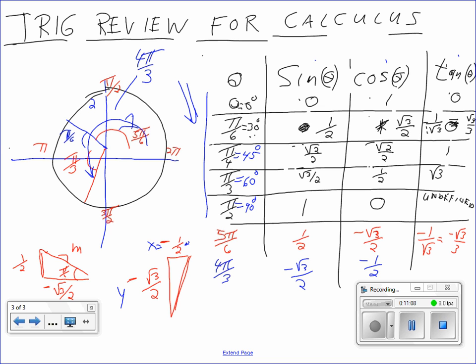The tangent's just going to be the sine over the cosine, and it's going to be root 3, the slope of the line. Okay, so you could walk around this unit circle and derive what sine, cosine, and tangent are. And again, you have to be able to plot these functions as a function of theta, as we talked about earlier in the year.